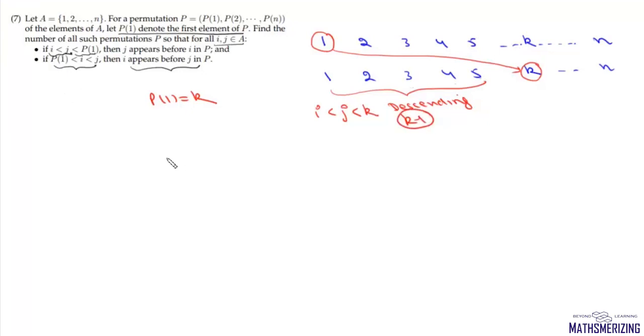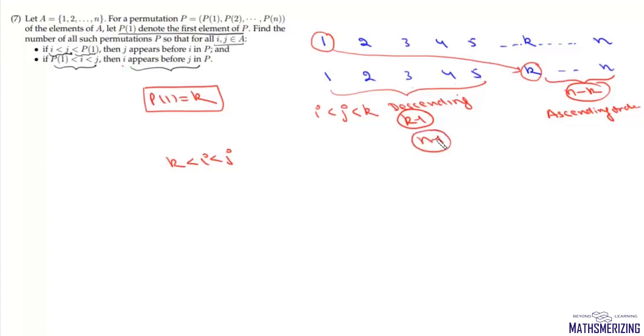Now when k is less than i is less than j, that is for all the numbers which are greater than k, which are n minus k numbers, i appears before j in P. So these numbers have to be arranged in ascending order. So now the problem is, if P1 is equal to k, in how many ways can we arrange these n minus 1 numbers so that these k minus 1 numbers are in descending order, and these n minus k numbers are in ascending order.